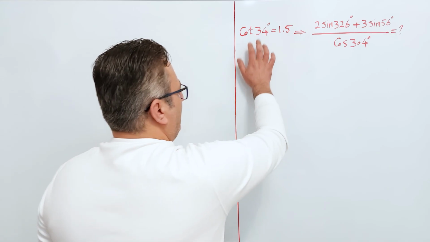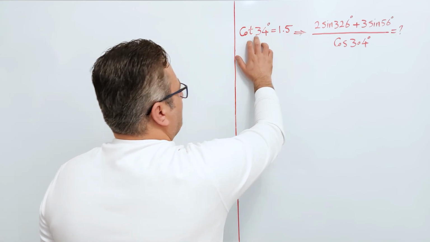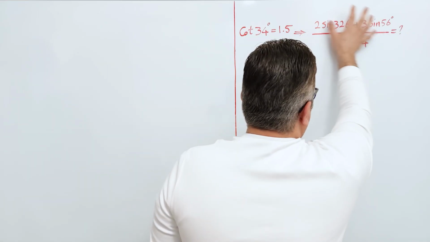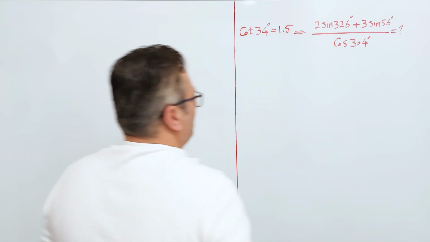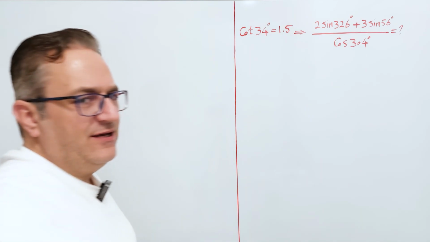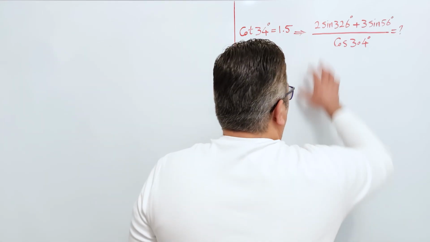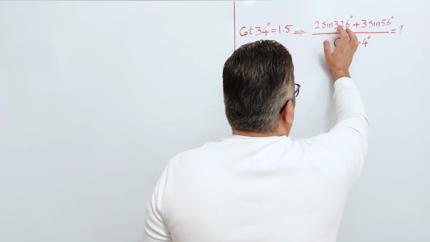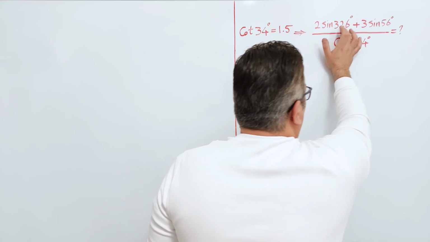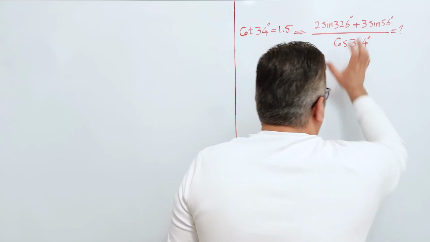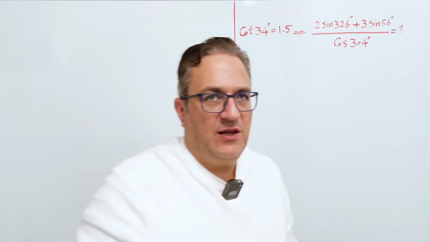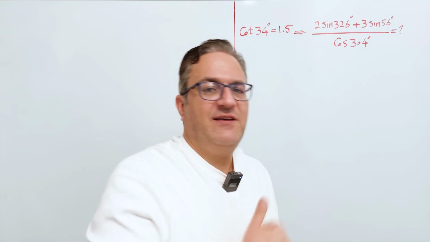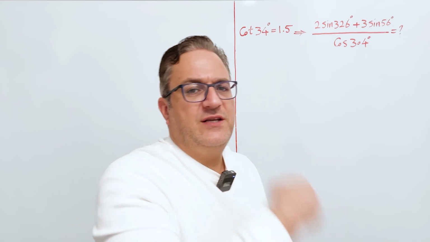So since the problem gives us the cotangent of 34 degrees, these angles need to be converted to 34 degrees in some way. In fact, add 34 to these angles once and subtract 34 degrees from them, to see whether any of them become, for example, 90 degrees or 180 degrees or 270 degrees or 360 degrees.